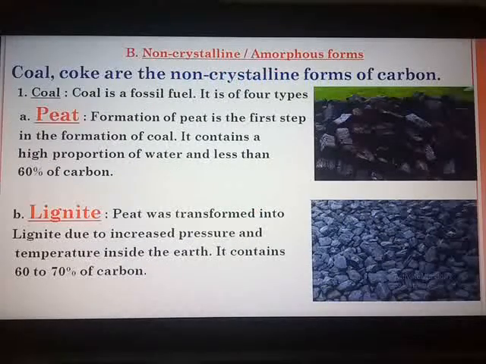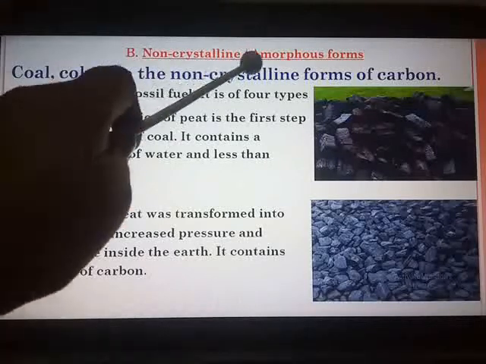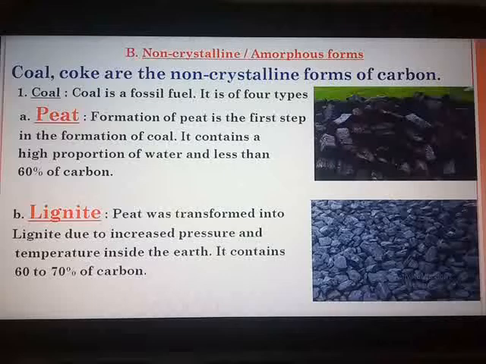So for the non-crystalline forms, the very first property is that the arrangement of carbon atoms is not regular. Coal, coke and charcoal are the non-crystalline forms of carbon. Which were the crystalline forms? Diamond, graphite, fullerene. Coal, charcoal and coke are the non-crystalline or the amorphous forms.